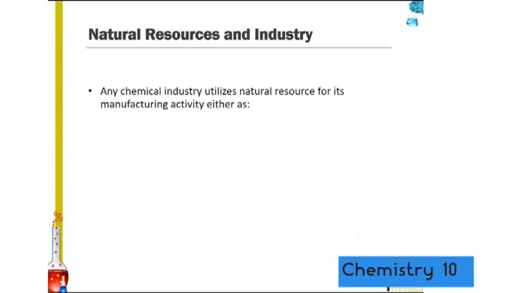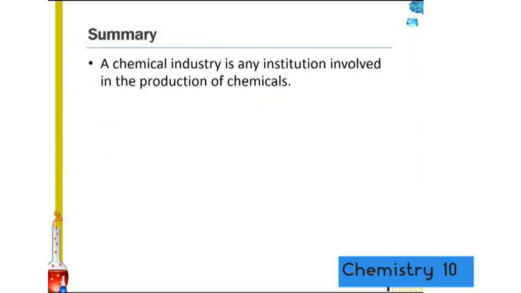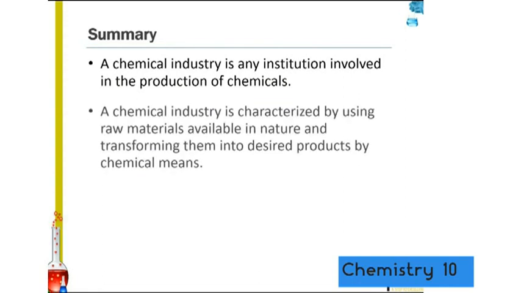Any chemical industry utilizes natural resources for its manufacturing activity, either as starting materials or other substances obtained from natural resources after processing as a raw material. In summary, a chemical industry is any institution involved in the production of chemicals.